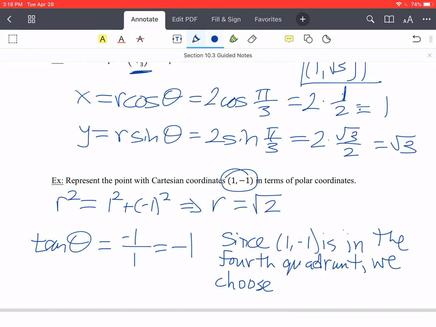So that would be theta is 7 pi over 4, or you can write it theta is negative pi over 4.